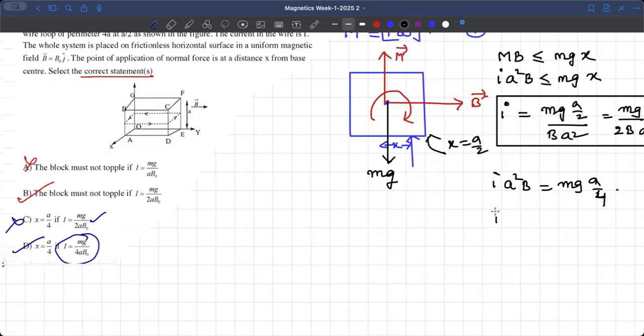In that case, I might be mg by 4Ba, right? So I have done this question.